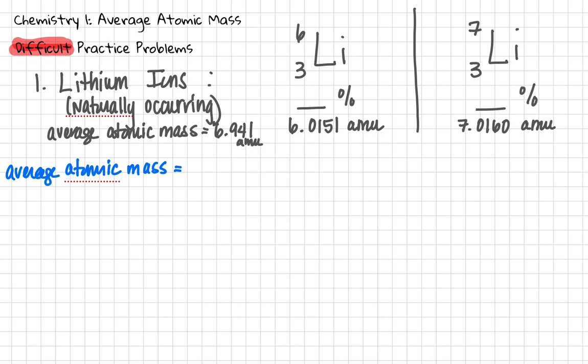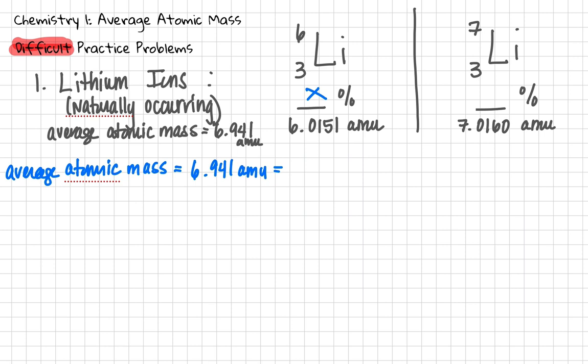We're going to start with the weight that they gave me, which is 6.941 AMU. And then we're going to do the setup that we do normally to get this. So it would be a percentage here. We don't know what it is. I'm going to put X here.